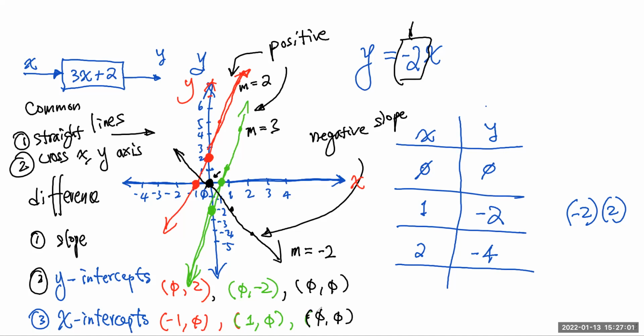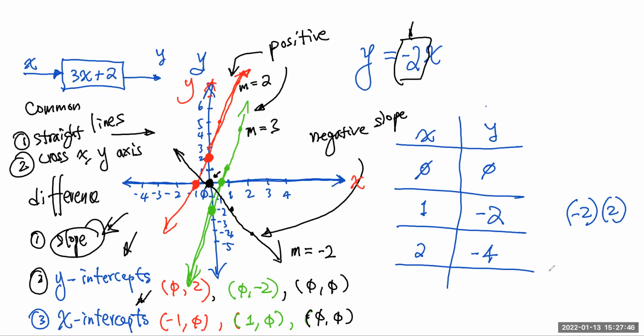So to know the properties of a linear function, we just need the slope and the x- and y-intercept points. That tells us what kind of line it is. Once we know the slope, the y-intercept and the x-intercept, we pretty much know how to graph linear functions.